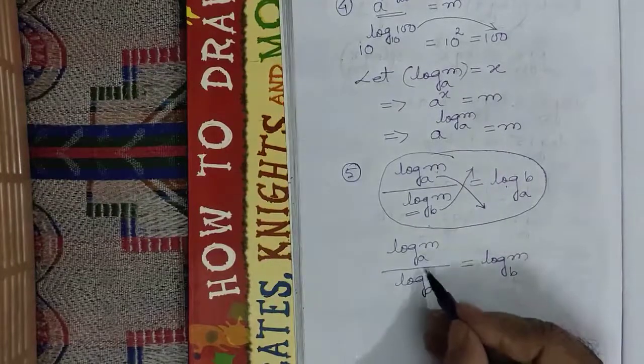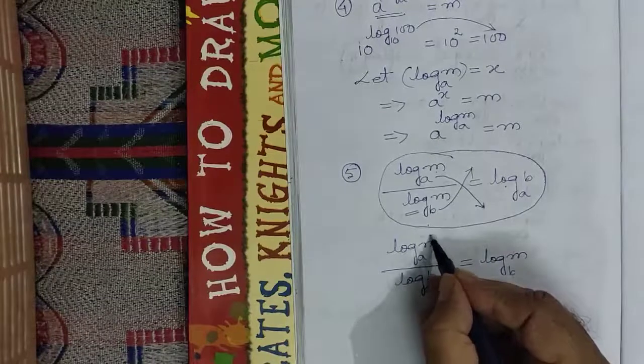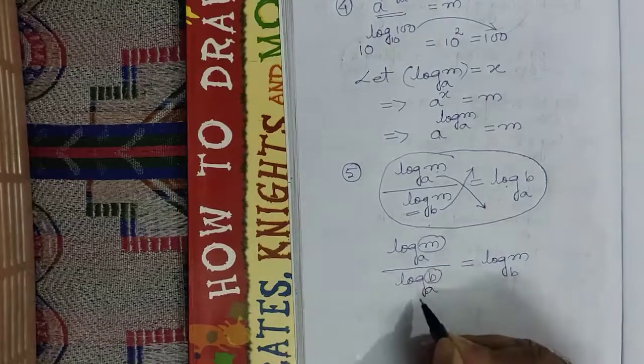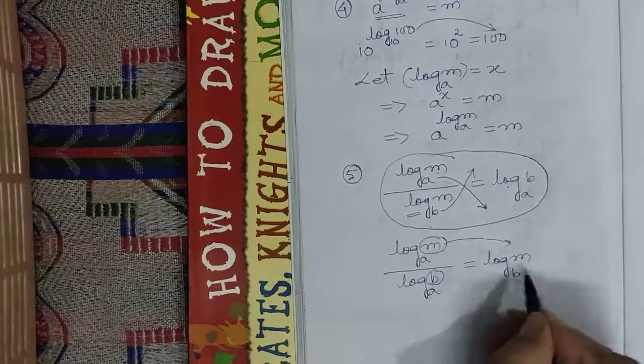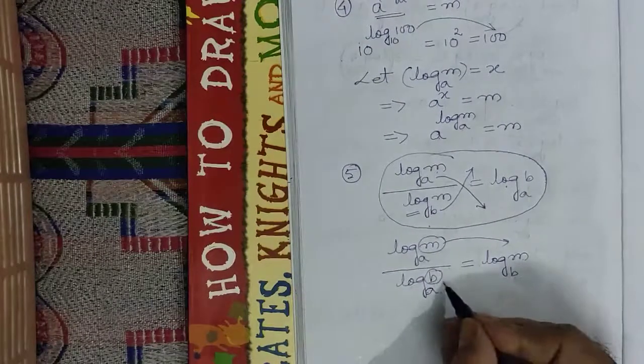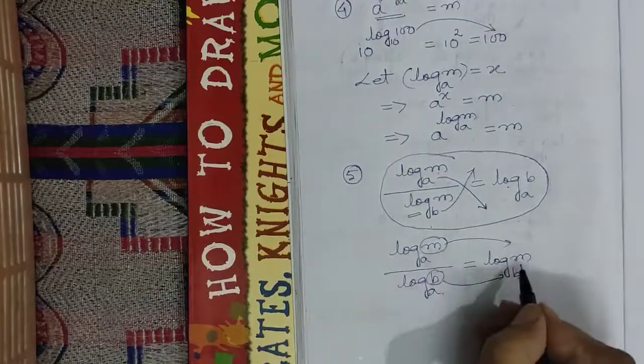Means in this case the base is equal. However, the quantity of which you are taking the log, these two, they are different. Under this circumstance, m takes the upper place, this b takes the lower place. Means this becomes the base, this becomes the log.